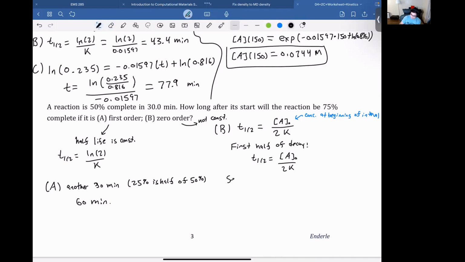However, for the second half of decay, you're starting with half the initial amount.